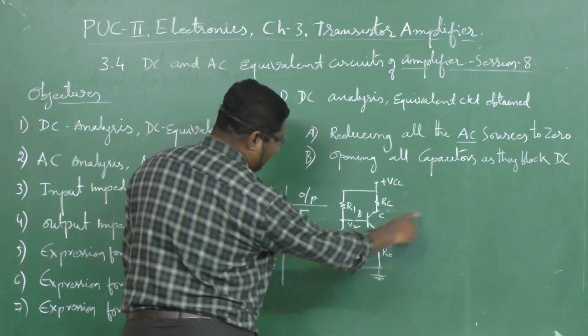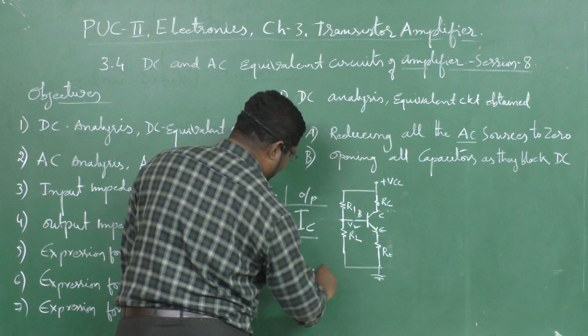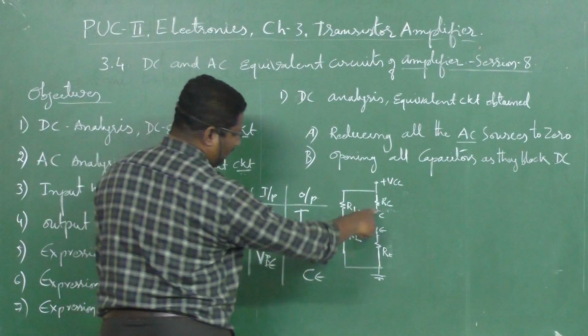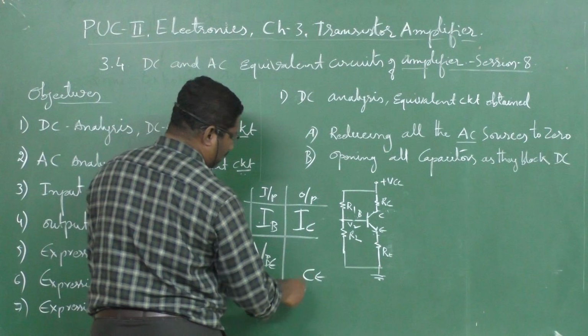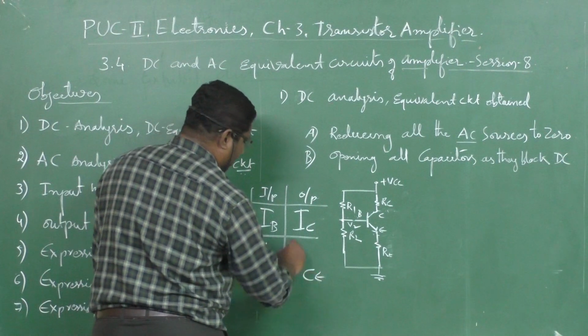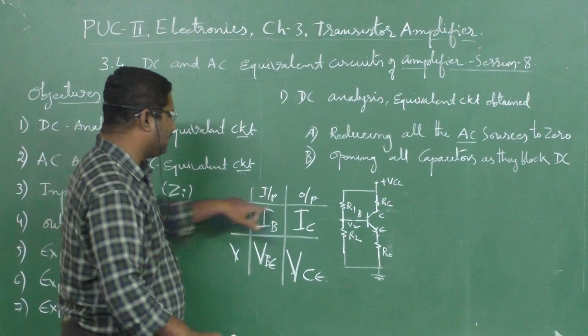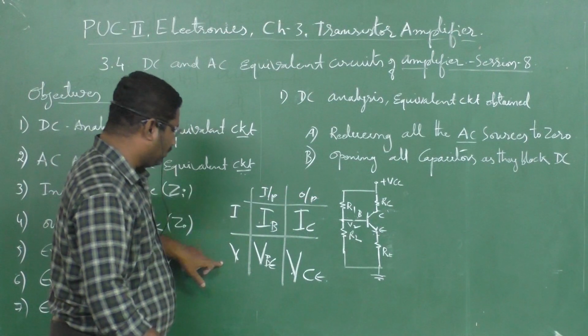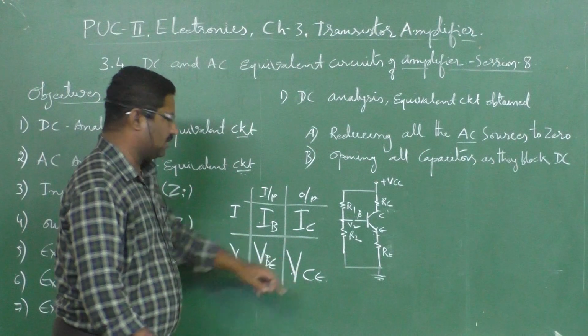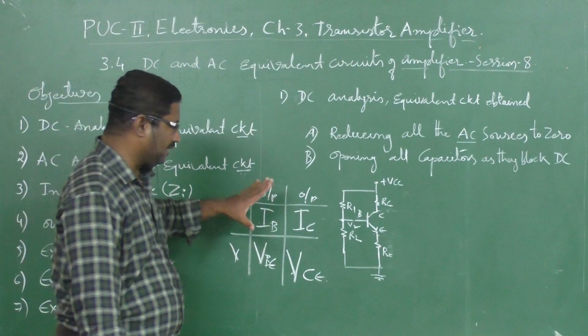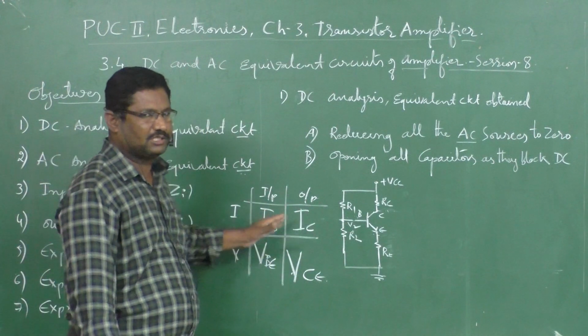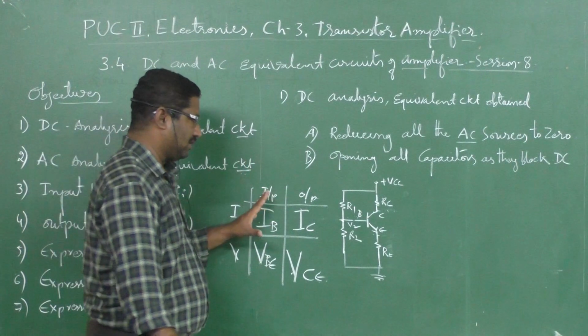And what is the output voltage here? The collector to emitter voltage, VCE. So this is the output voltage. Input current, output current, input voltage and output voltage. Like this, in almost all the classes I was telling you, and you must know this.